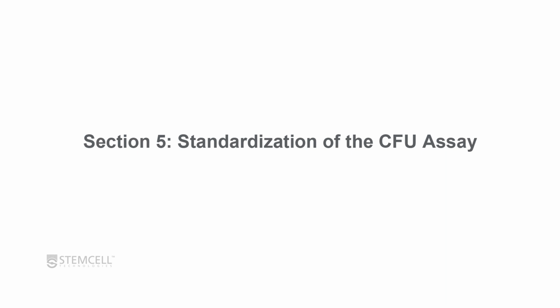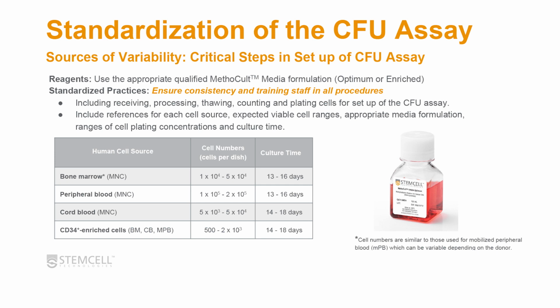So just before we close off, I wanted to give you some tips and tricks about the standardization of the CFU assay. As we recognize from this presentation, it's definitely a very versatile assay that can give you a lot of information. It hasn't been used more widely because of the sources of variability in setting up this assay, and originally it was more about media formulations.